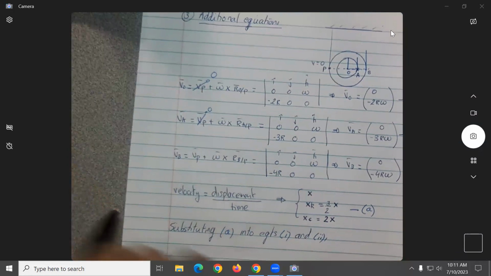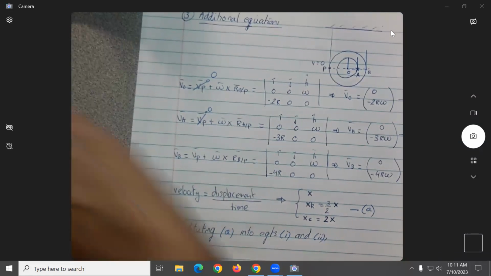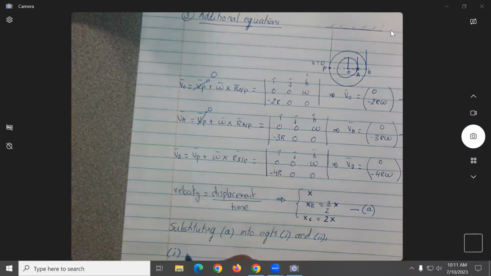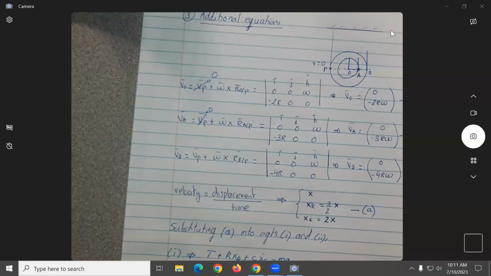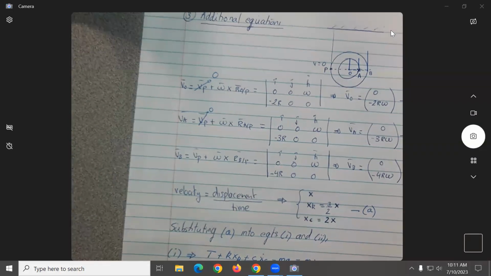What was equation 1? Equation 1 was T plus K X sub K plus C X dot sub C minus mg equal to m x double dot.